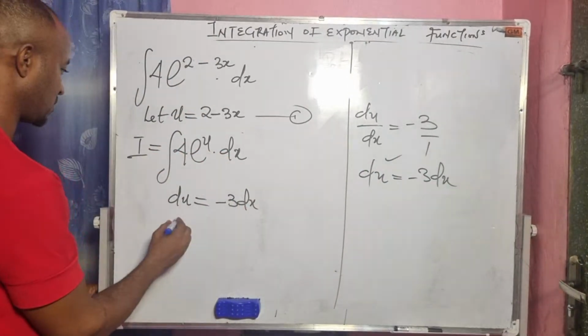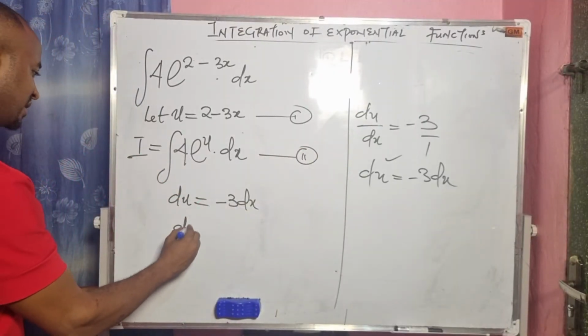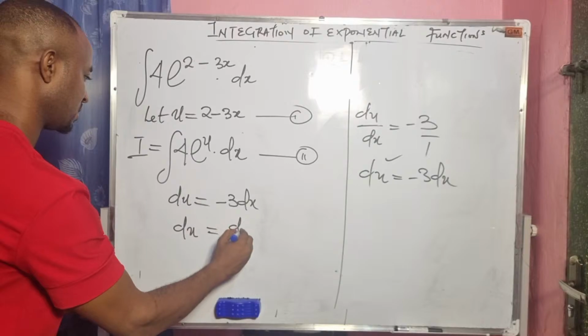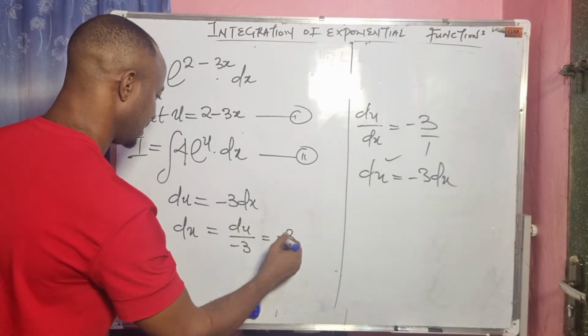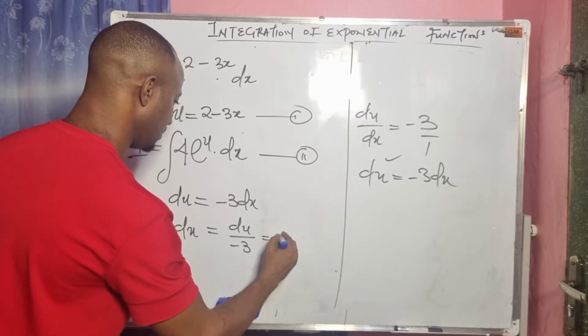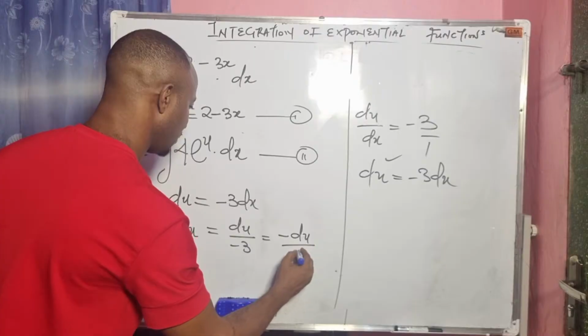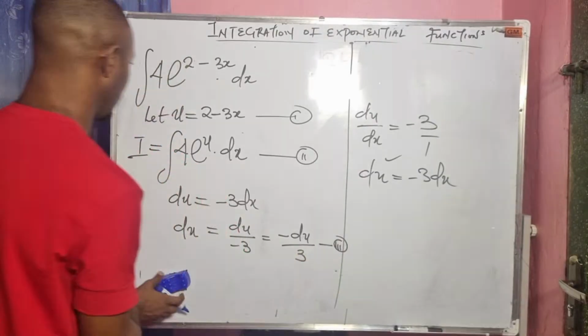So here we have this as equation 2. Here, our dx equals du divided by minus 3, or minus du over 3. This is equation 3.